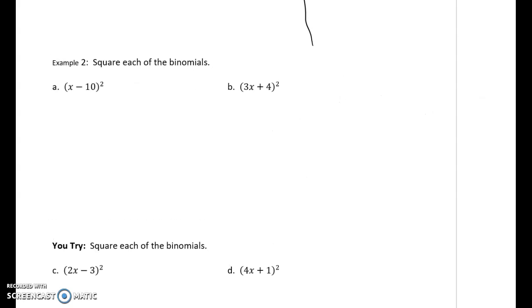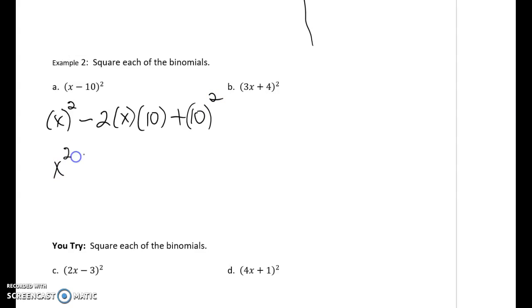We are noticing that we are squaring a binomial. Same two terms, that minus sign in between. So according to what we just mentioned here, we're going to take the first term and square it. We're going to subtract 2 times the product of those two terms in the binomial. And then we are going to add that second term squared.